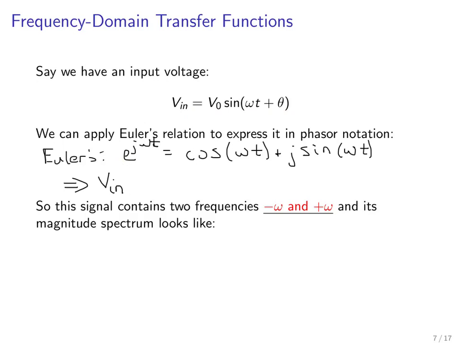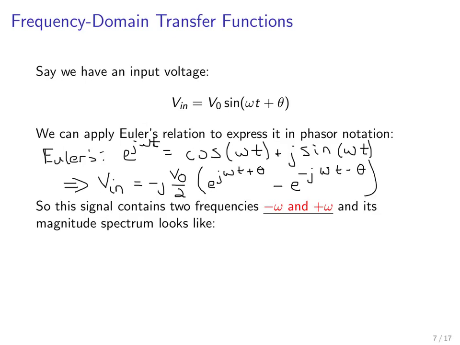What you get from that is minus j times V0 over 2 times e to the j (omega t plus theta), minus the complex conjugate of that, which is e to the minus j (omega t plus theta).